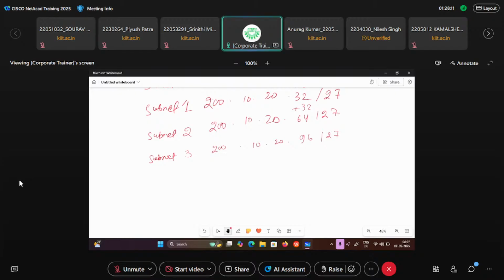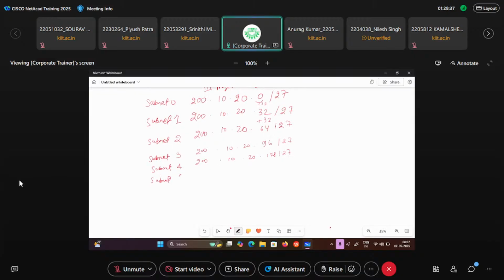Okay, just see, I'll show you. Suppose you go ahead with subnet 4, what is the value? 200.10.20. Again add 32. After adding 32, what will you get? 128/27. Let's move ahead with the next subnet.